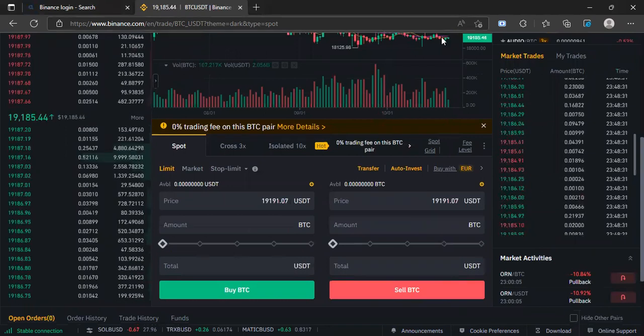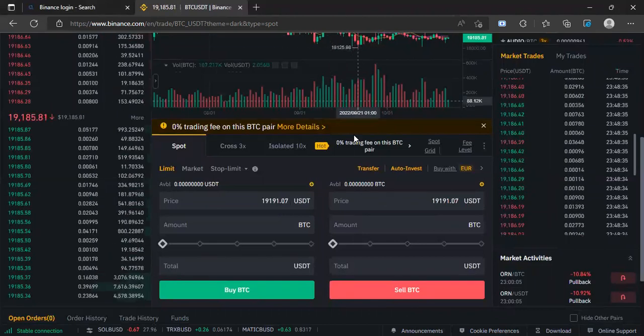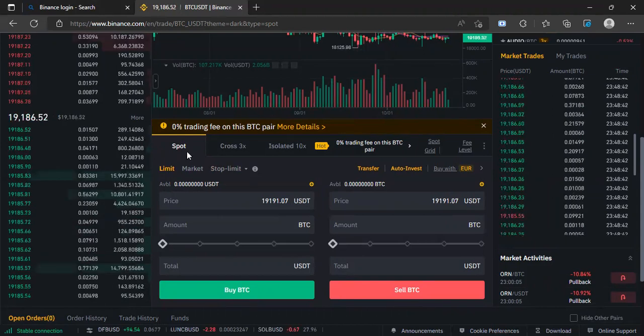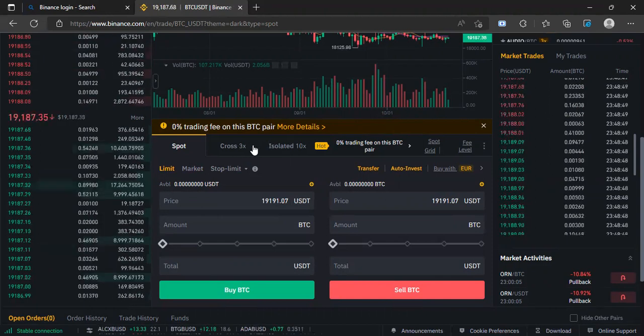So, let's suppose that we have $100, as we mentioned before. You see right there, you have spot, you have cross 3x, you have isolated 10x. If you'd like to buy a spot right there, you see that it's already selected with the yellow thingy.